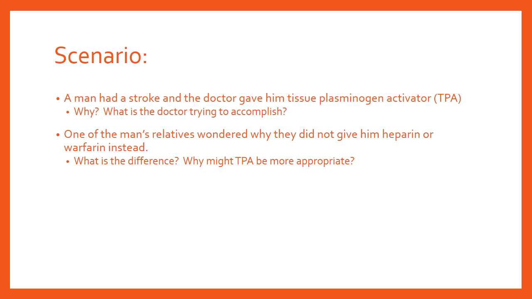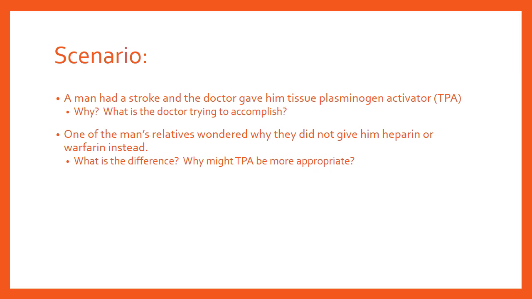So that's how heparin works, and heparin can be synthesized by the body itself, while warfarin, we already said that it affects the synthesis of vitamin K, which is a coagulation factor that's synthesized by the liver.